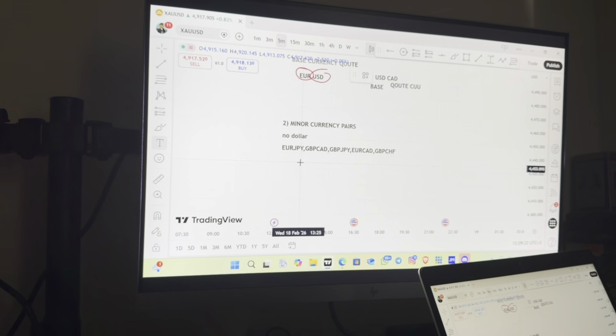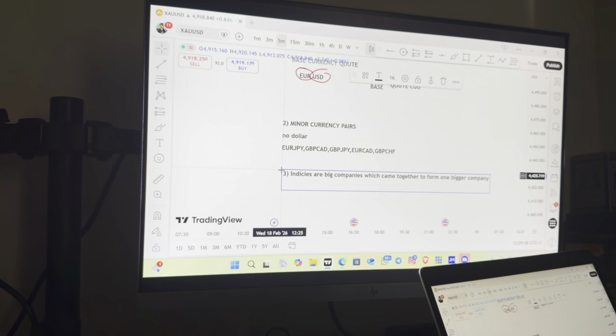Number three, we have another pair type called indices. This is my simple definition of indices. These are big companies which came together to form one bigger company.